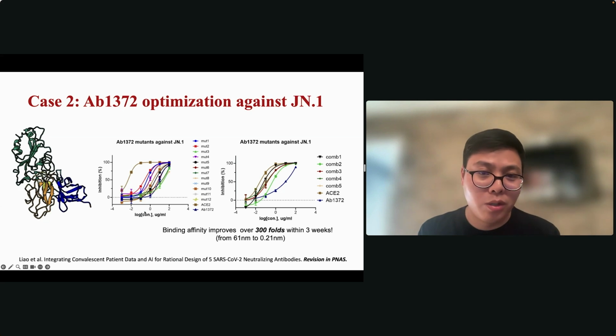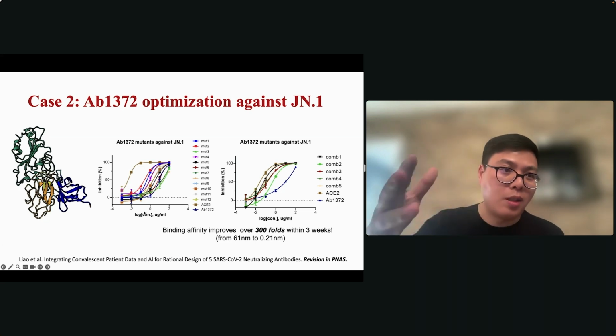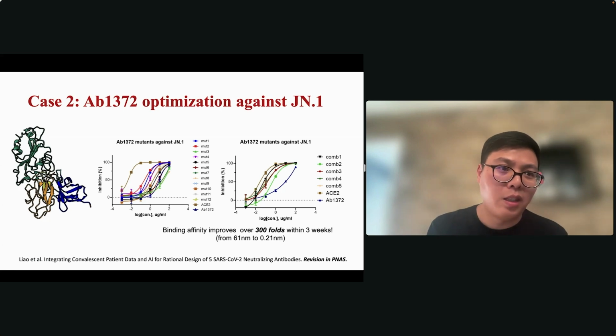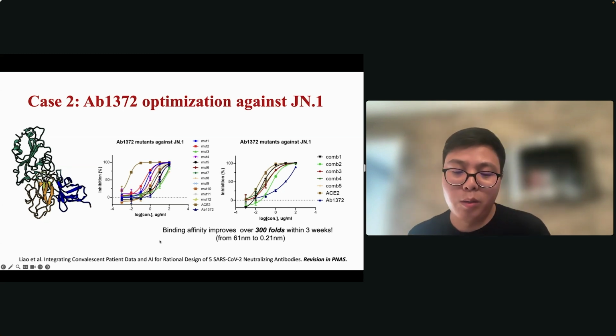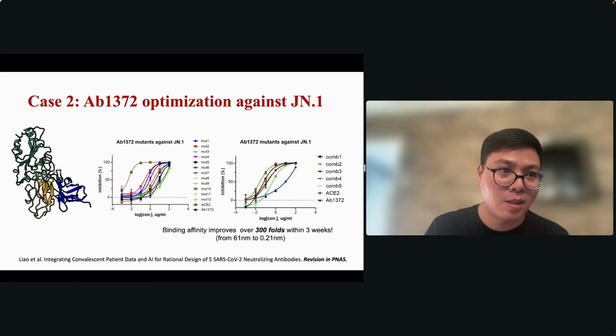In the first round, we do in silico screening and identify some good single mutations, and in the second round, we combine them to do double or triple mutations. Eventually, we identify a good mutant whose binding affinity has improved over 300-fold compared to the wild type. This paper is now in revision at PNAS. So this is the second case study.